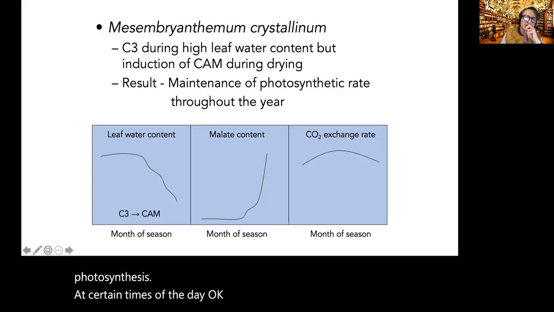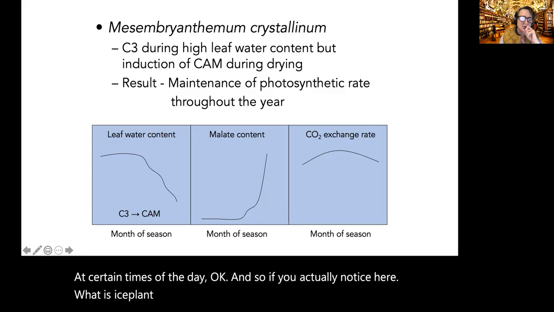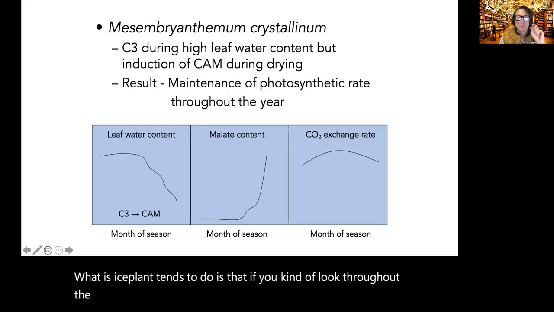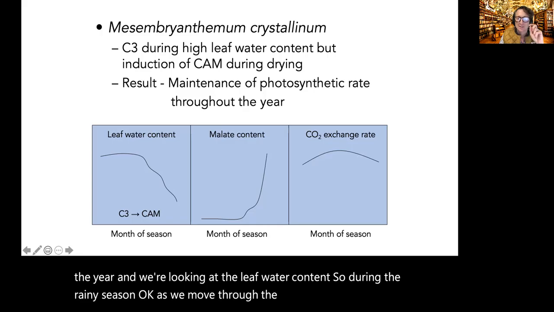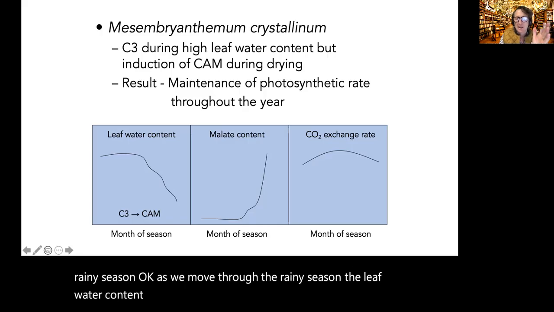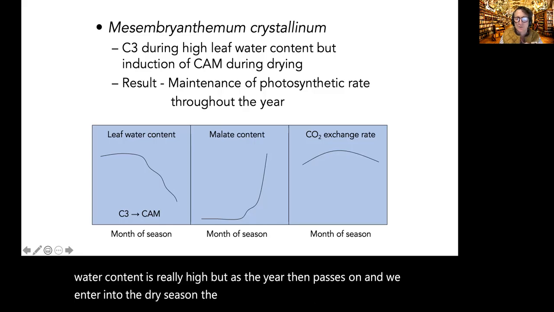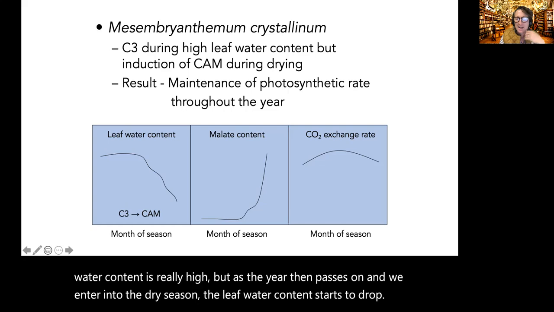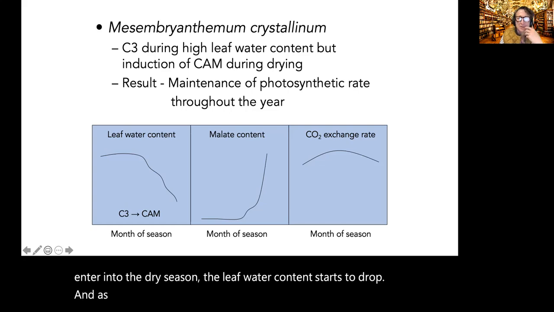If you look throughout the year at the leaf water content, during the rainy season the leaf water content is really high. But as the year passes on and we enter the dry season, the leaf water content starts to drop. And as the environment becomes more stressful, this one plant will perform C3 photosynthesis normally.